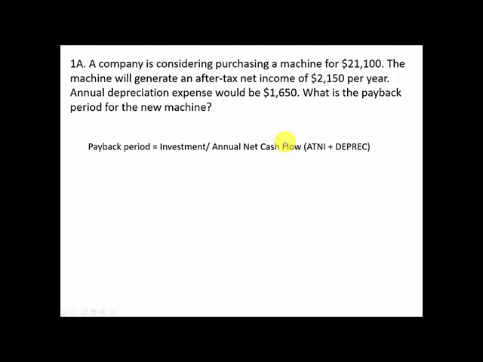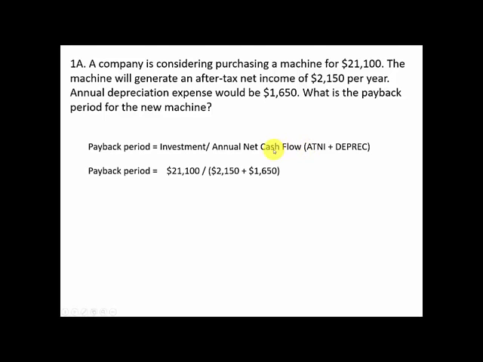The way you do that is you take the investment and divide it by the annual net cash flow, which is the after-tax net income, and you add back depreciation, because it assumes that this income is all cash except for depreciation, which is a non-cash expense. So if you add back depreciation to after-tax income, you get net cash flow.